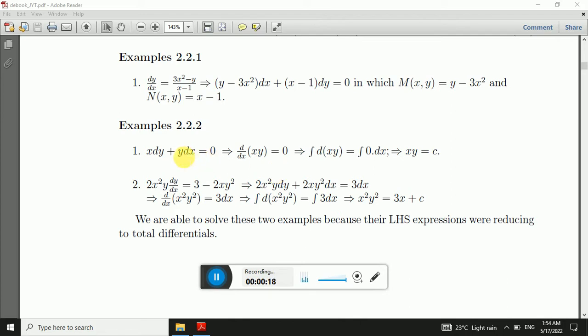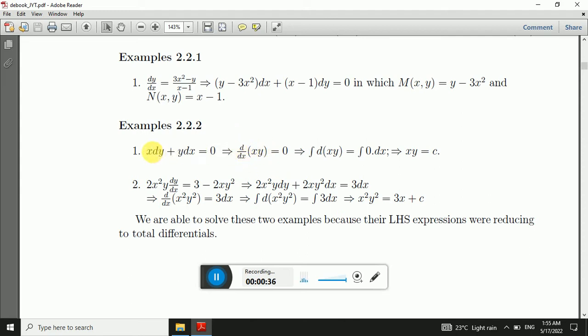So I was trying to say that when you look at this left hand side, the whole of the left hand side can be written simply as just the product xy, the whole of it being differentiated with respect to x.